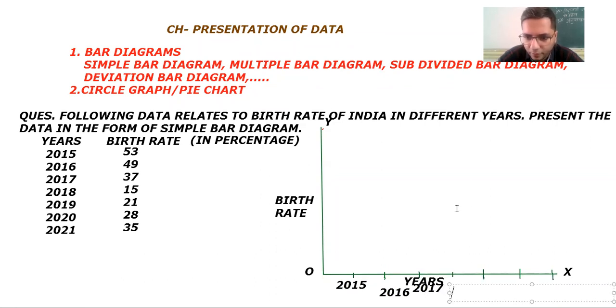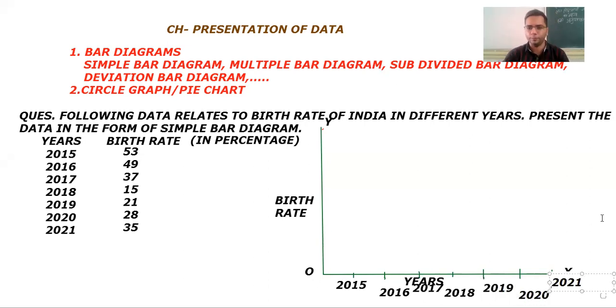Then you have 2018. Then we have 2019, 2020, right? आप proper बना लेना distance के साथ. And last is 2021. Years I have made.